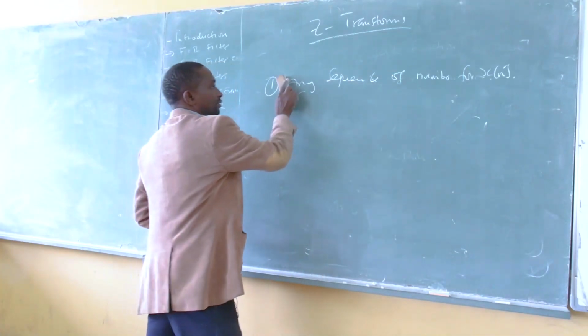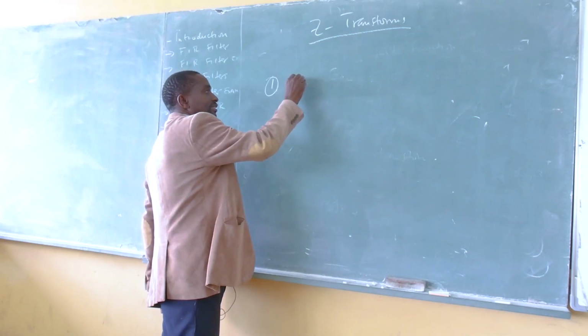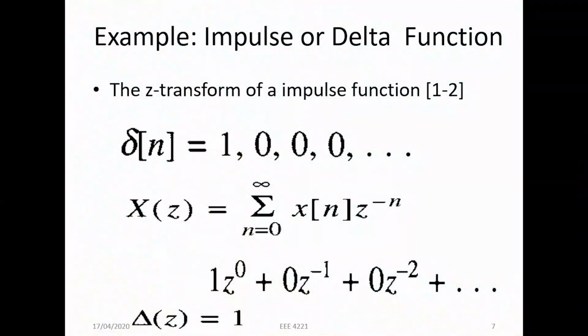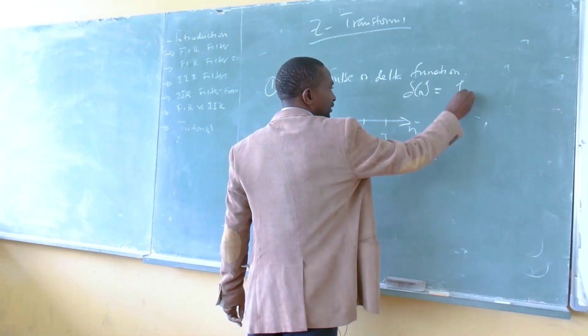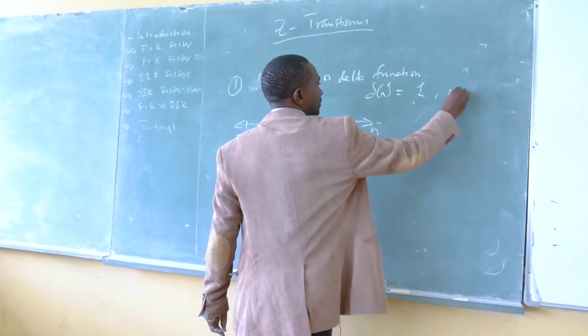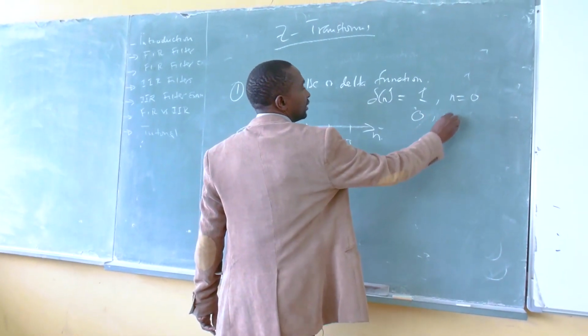In the second example, I want us to find how we can find the Z transform of the impulse or delta function. Now, from the definition, we know that a delta function can be defined as delta of n being equal to 1 at n equals 0 and 0 otherwise.